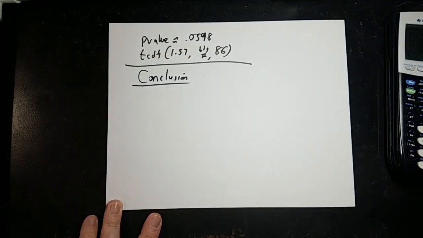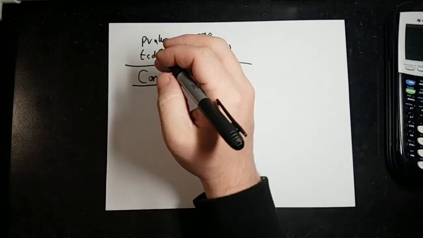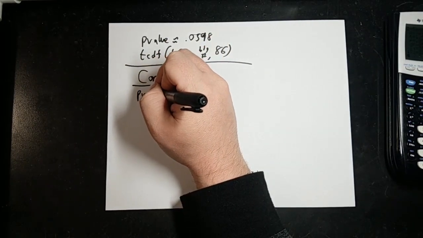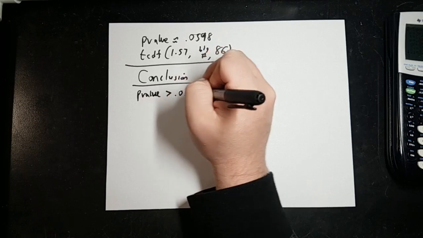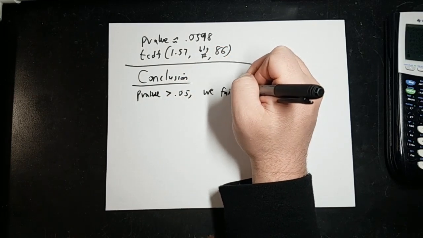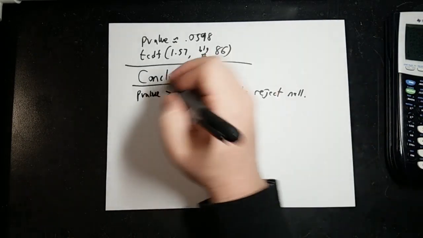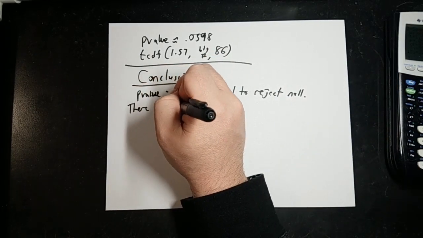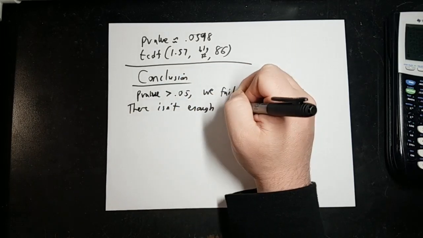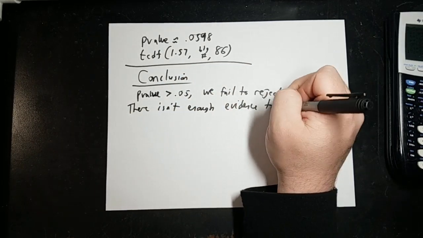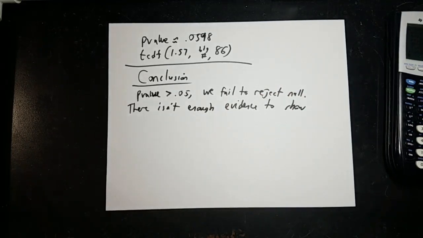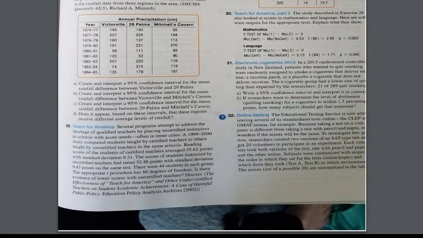Now, on your minor, I'm not going to expect this detailed of a conclusion. What I would expect from most people is the p-value is greater than 0.05. We fail to reject null. There isn't enough evidence to show, and again, I want to put this into the context of what the problem is actually saying.